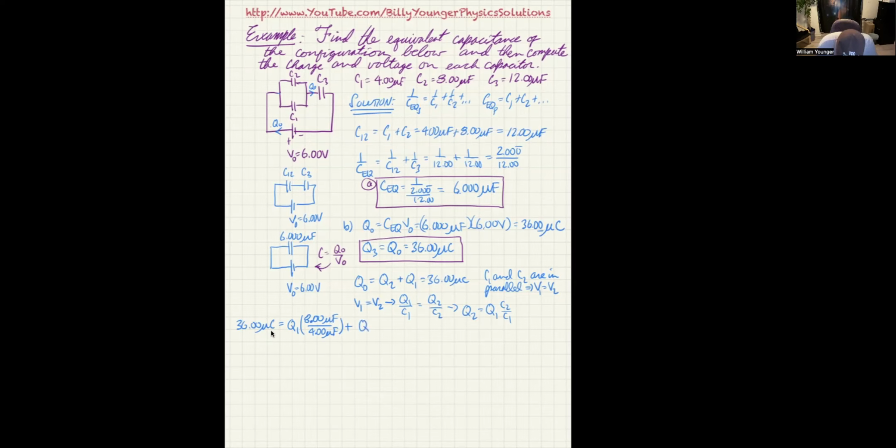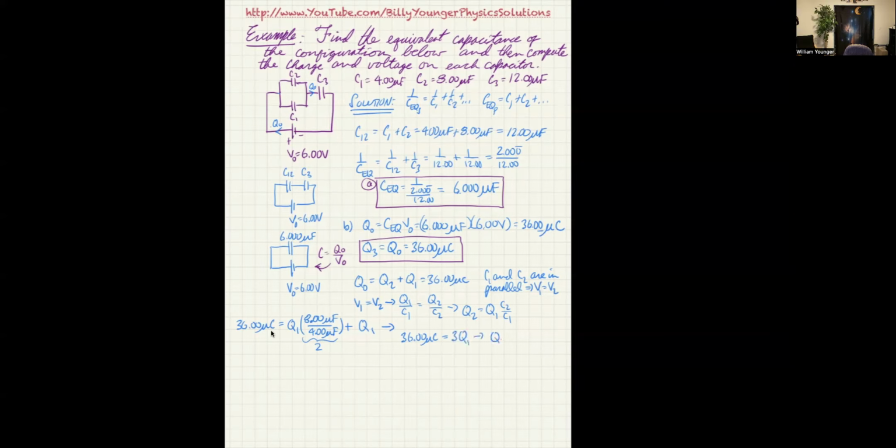So 8 over 4 is equal to 2, and this is Q1, by the way. So now I can say that 36.00 microcoulombs is equal to 2Q1 plus Q1, which is 3Q1.